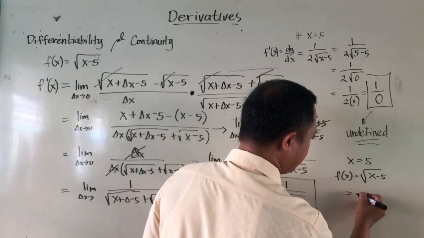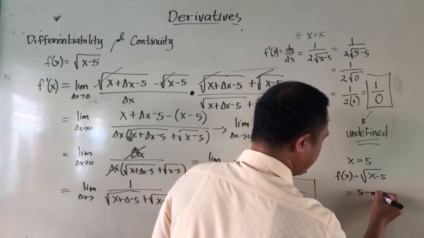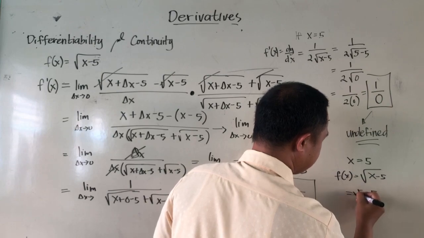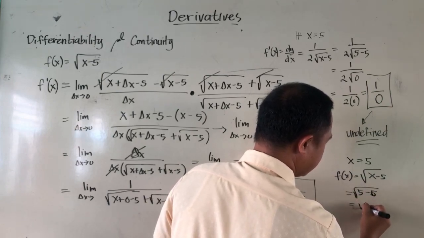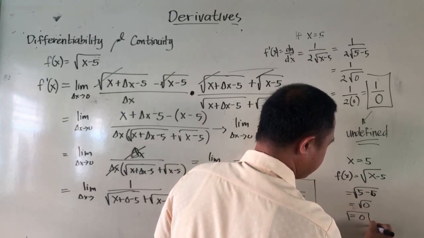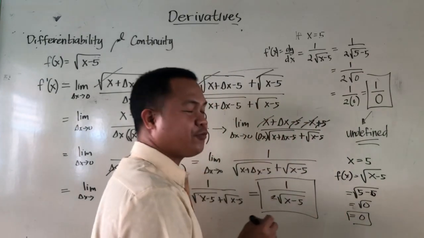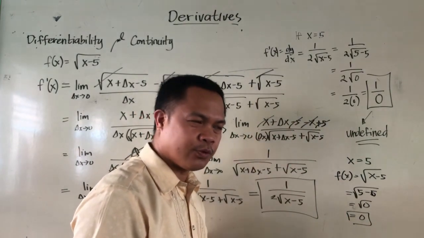Then we have 5 minus 5. That will give us 0. The square root of 0 is 0. So therefore, this is continuous.